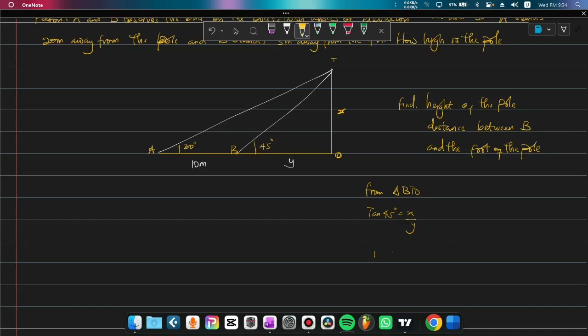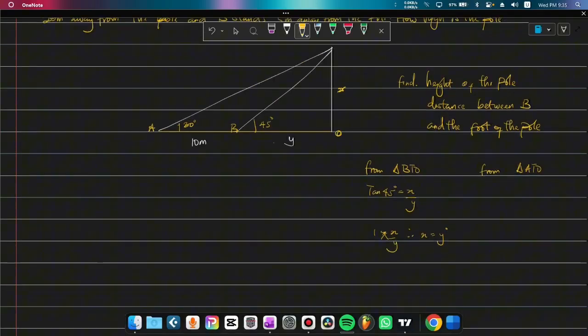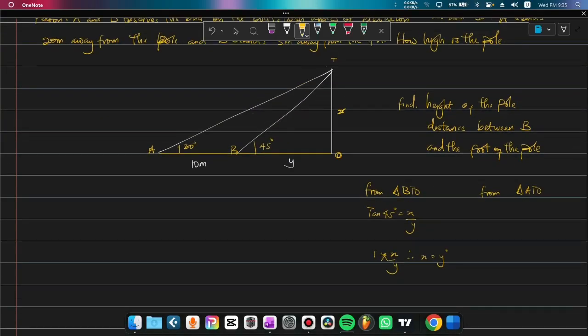Therefore, 1 equals x over y. Cross multiply, therefore x equals y. Are we good? That's equation 1. Then from triangle ATO, because you always have to use a right angle triangle, ATO.